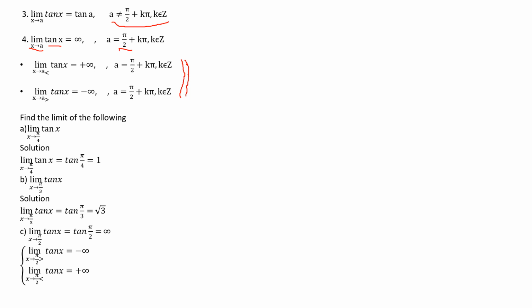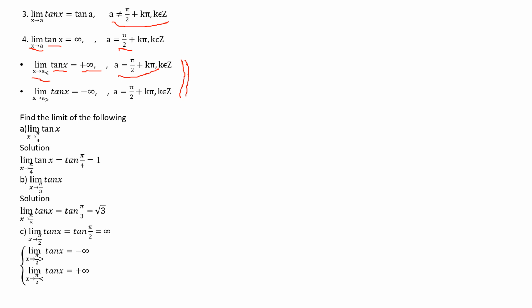That is to say, we're going to look at the right hand side and the left hand side. As x tends to a from the left hand side, our tan of x is tending to positive infinity, where a is pi over 2 or pi over 2 plus k pi.